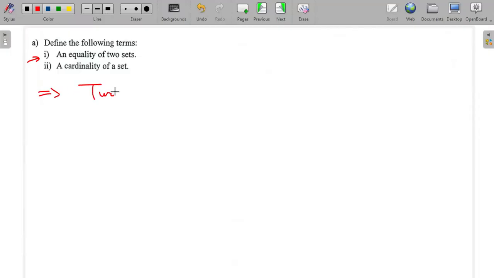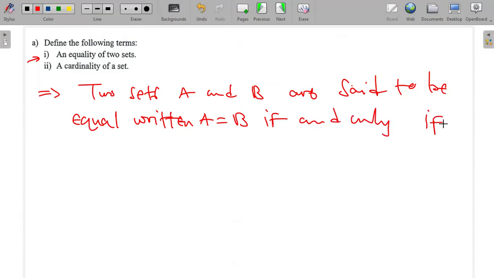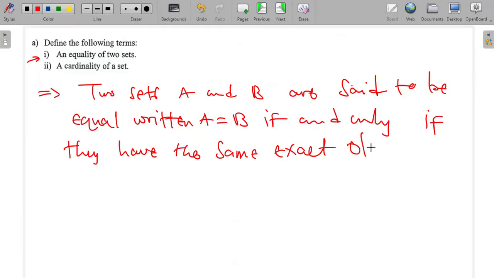You're going to say two sets A and B are said to be equal, written as A equals B, if and only if they have the same exact elements.